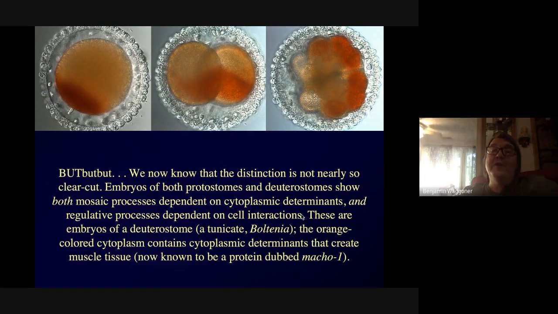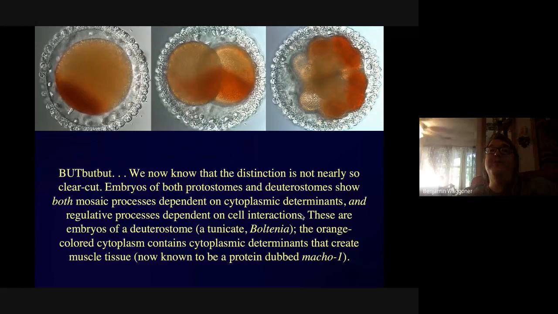That orange stuff in the cytoplasm is a cytoplasmic determinant, and it's responsible for muscle tissue. Cells that don't have it will never develop muscle tissue. You could actually take a micropipette and slurp out that dark orange cytoplasm, and embryos that have been treated that way never develop muscle tissue.